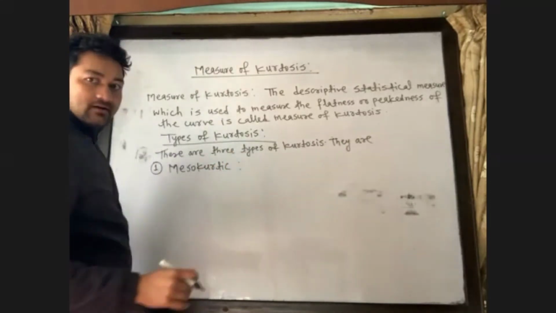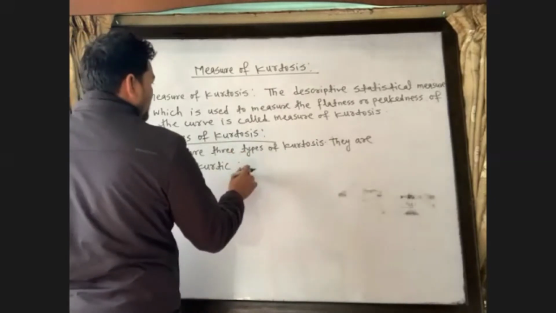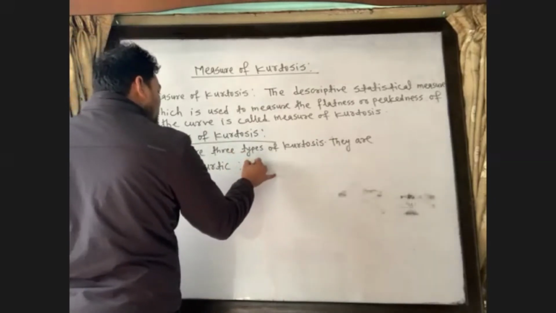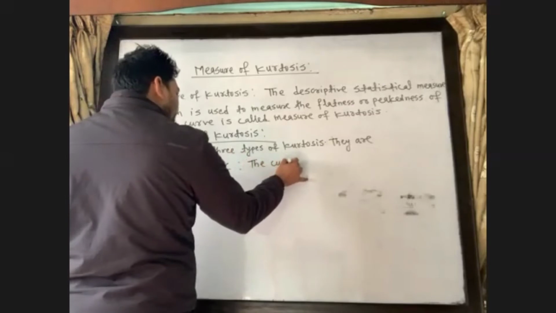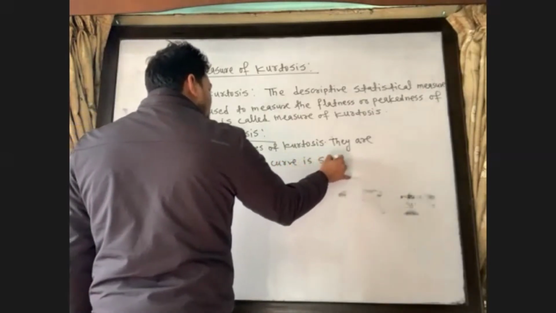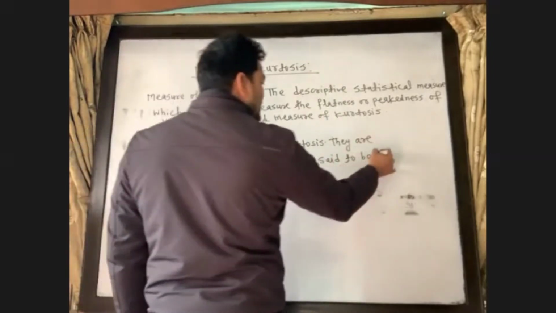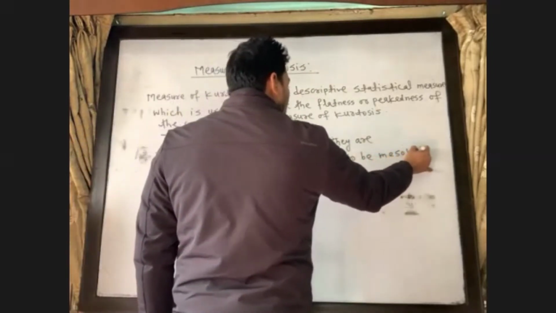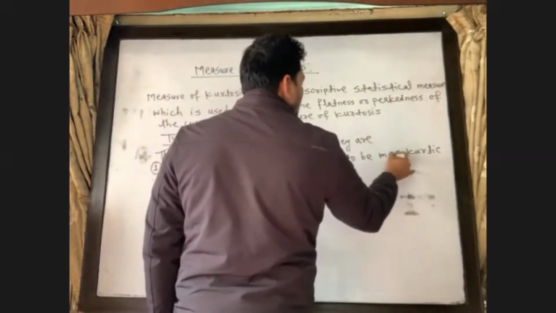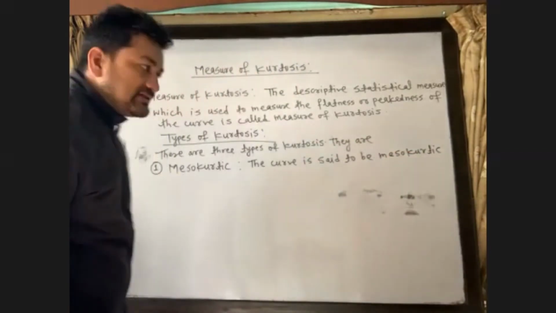Okay. The curve is said to be mesokurtic. यो mesokurtic भनेको चाहिँ के हो त? कति बेला mesokurtic भनिन्छ त? कर्व लाई कति बेला mesokurtic भनिन्छ?